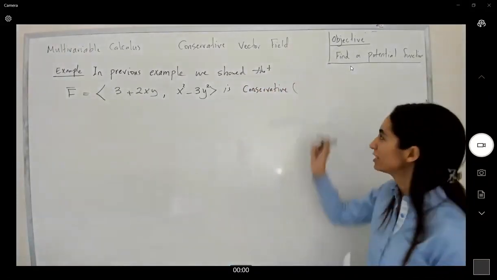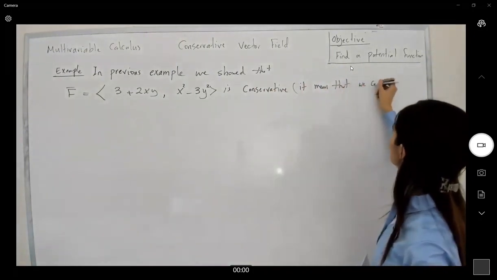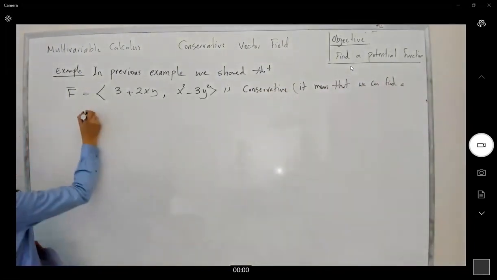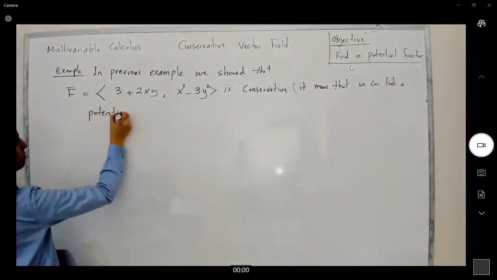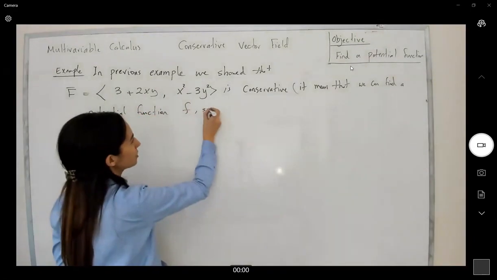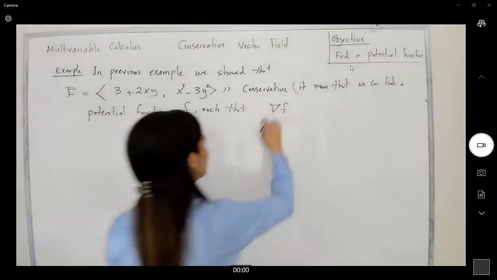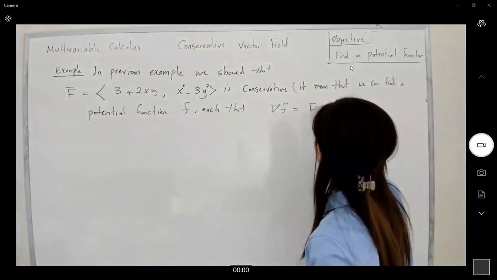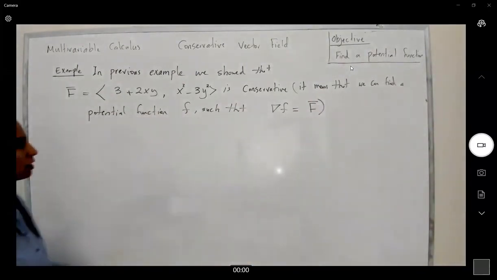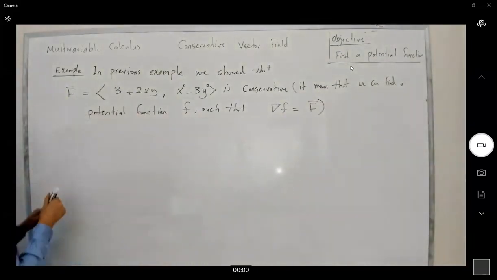It means that we can find a potential function, which is a scalar function like f, such that the gradient of this potential function is equal to your vector field. Okay. So how do we find this potential function? This is our goal.